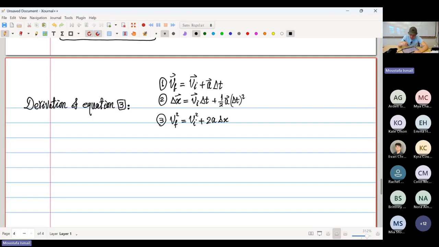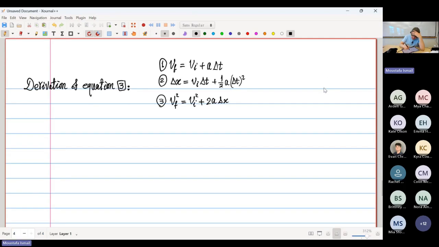And at this point, I'm going to drop the vector notation because it might be confusing in this derivation, because it requires dot product and stuff that I don't want to discuss in this class. So I'm just going to use the plus and minus notation for the direction.